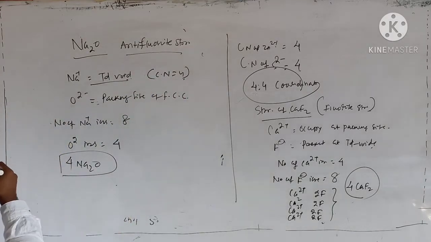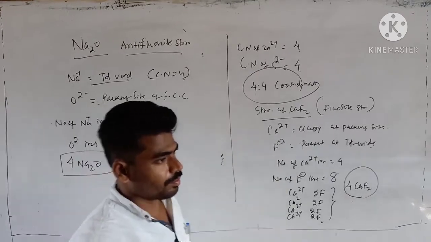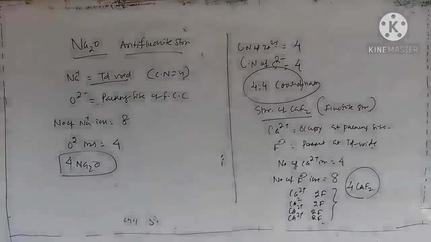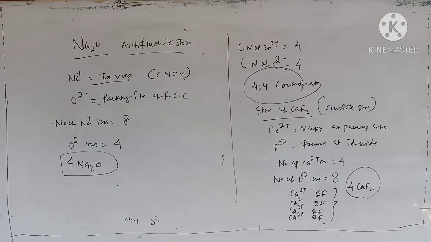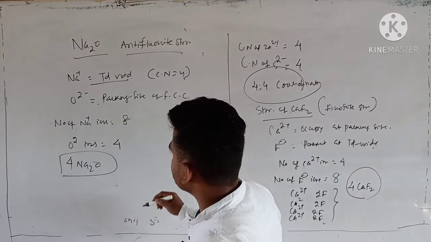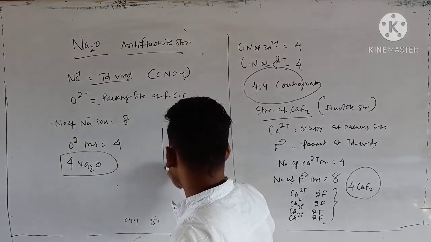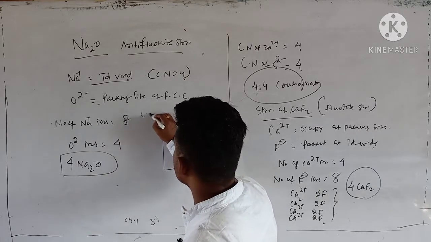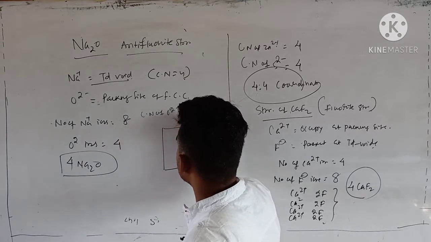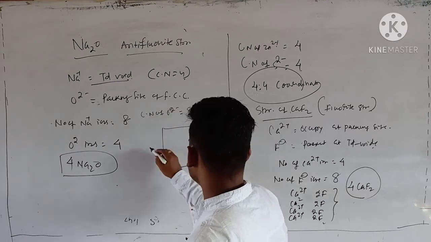Again for O2-, the coordination number will be 8. If you go through the structure, the coordination number of O2- is 8. How do you see it?